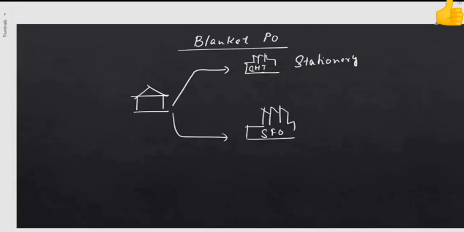This is the typical procure to pay cycle, right? Now, there is a cost associated with this cycle. It needs manpower, it needs documentation, it needs a process to be followed.